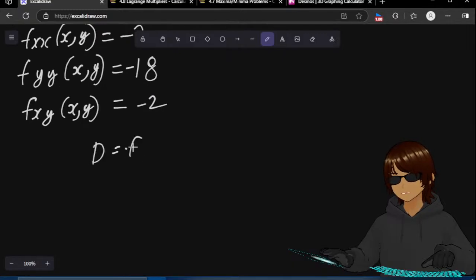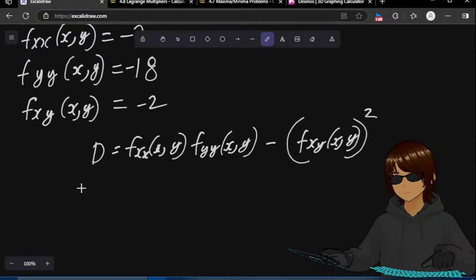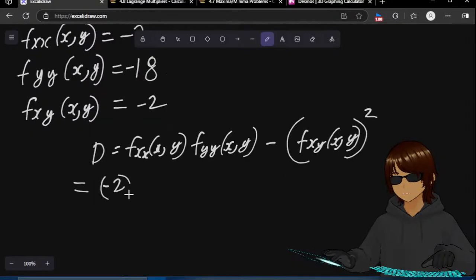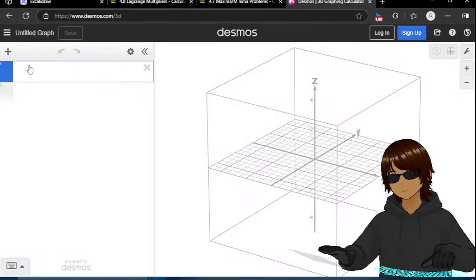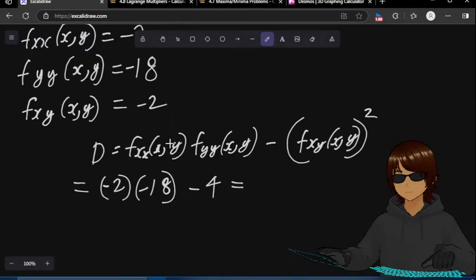So D is equal to xx times yy minus xy squared, so minus 2 times minus 18 minus 4. 2 times 18 is 36, minus 4 is 32, more than 0.